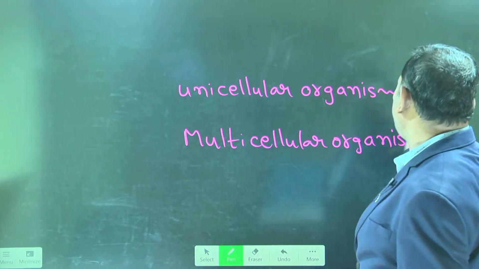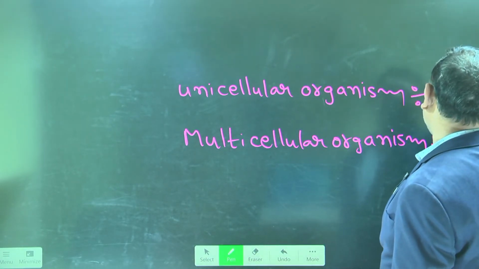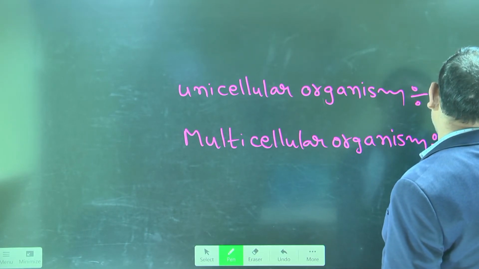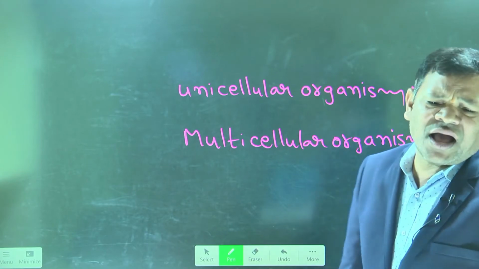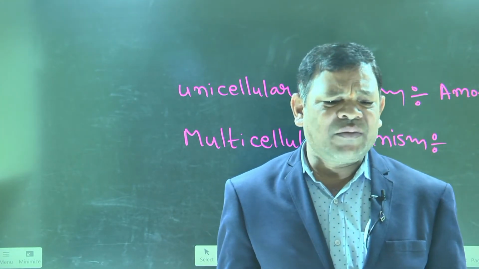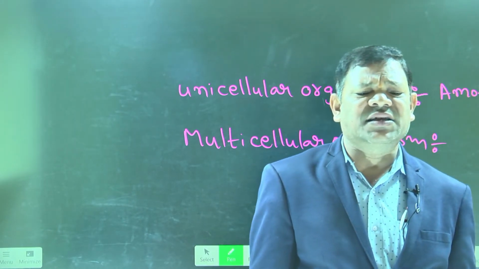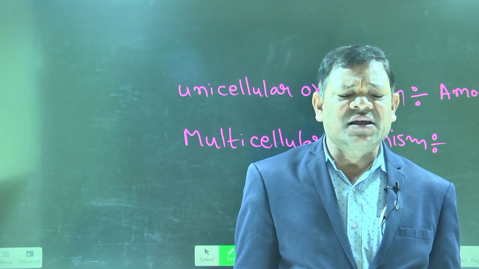What are examples of unicellular organisms? You know very well: Amoeba, Euglena, yeast, Chlamydomonas. These are all examples of unicellular organisms. What are examples of multicellular organisms?